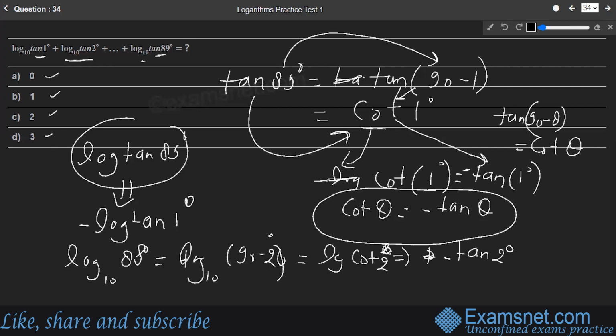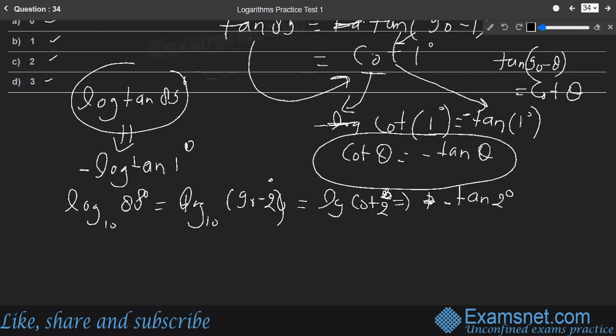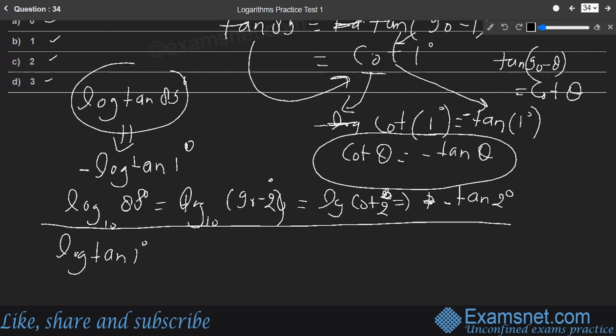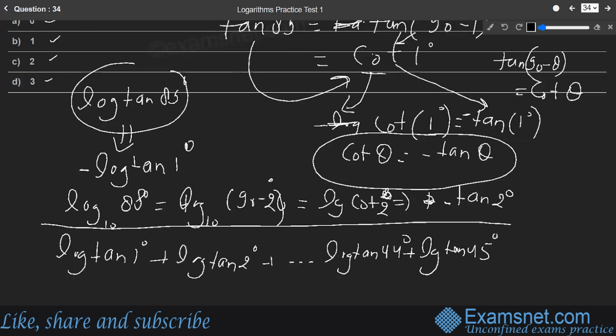If you go on seeing like that, then most of the terms are replaced except for the first ones. You would have achieved things like this: log tan 1 degree, which would not have been replaced, then the next term plus log tan 2 degree, and similarly if you go in the middle, there would have been log tan 44 degree, then plus log tan 45 degree, and then you would have the terms starting with a negative sign.